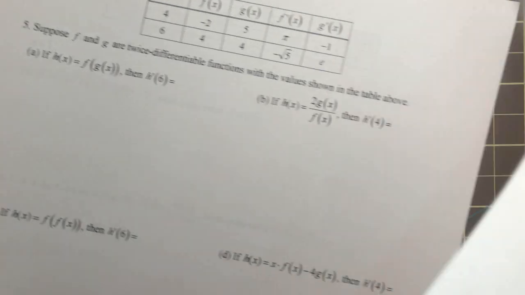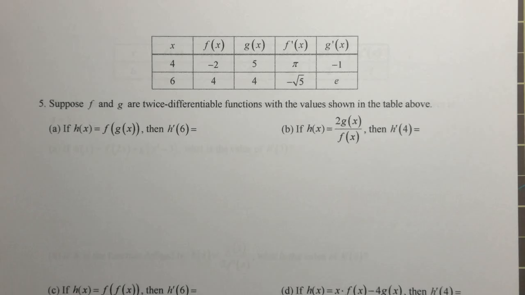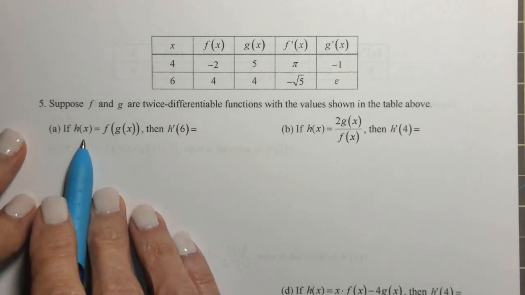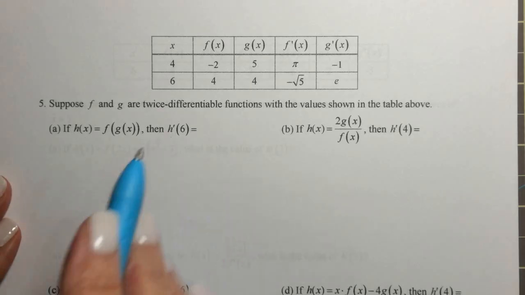Okay, next up. So that was when we have a graph of a function given. Okay, what if we have a table instead? We're going to do these the same way. Alrighty. We're given h. We want to find h prime of 6.